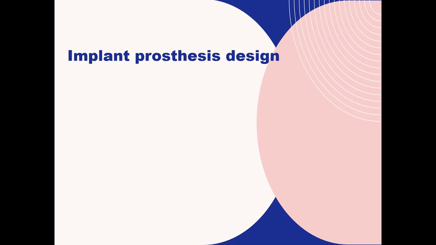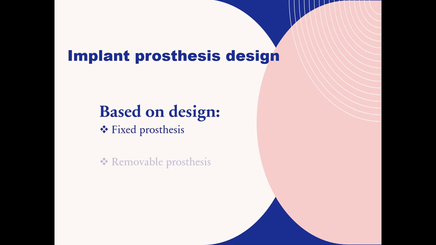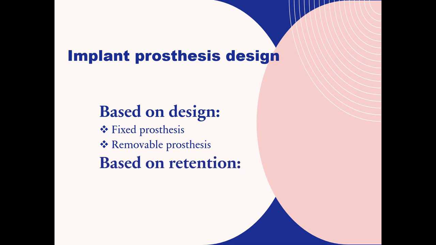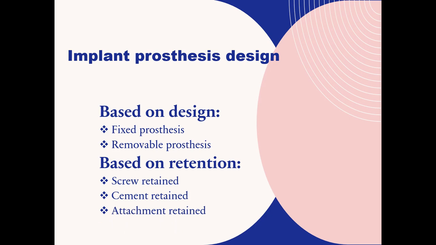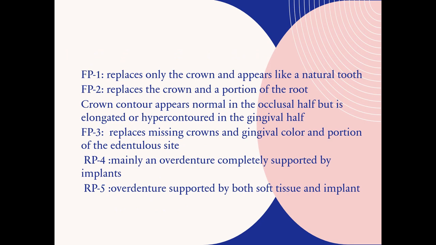Next, coming to the various implant prosthesis designs. So based on design, the implant prostheses can be classified as fixed prostheses and removable prostheses, and based on the retention, they are screw retained, cement retained and attachment retained prostheses. Now let's see one by one in detail. So in 1989, Misch proposed 5 prosthetic options for implant dentistry.